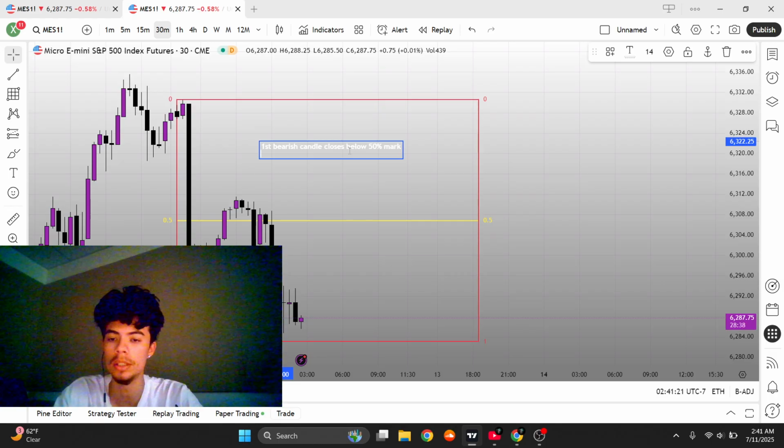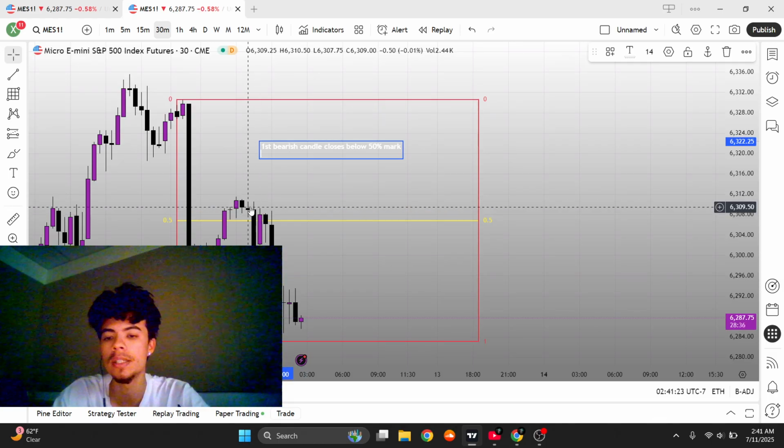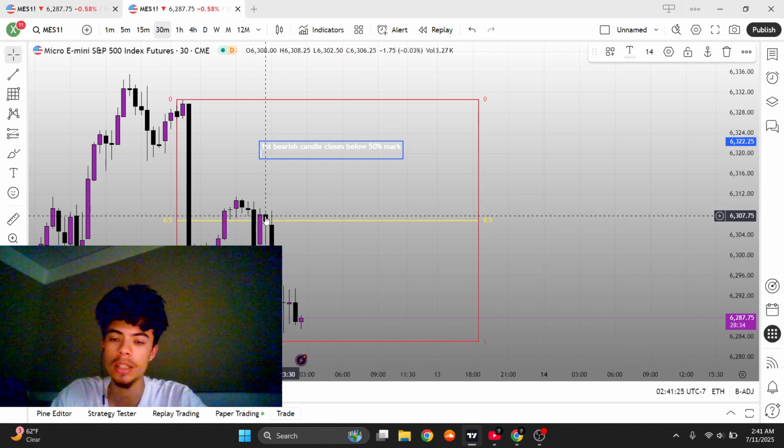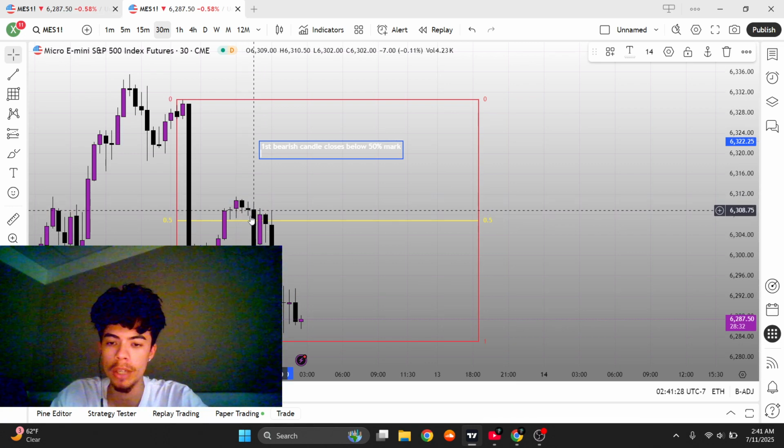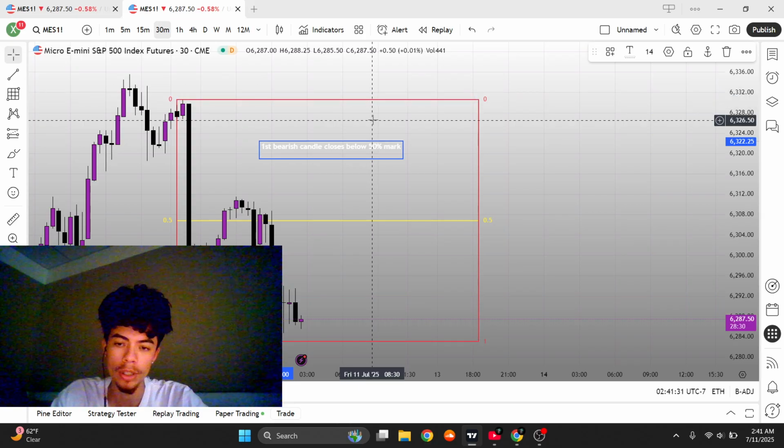It's consolidation at that point, it's stagnancy. But the stagnancy fell short into a bearish candle and a long engulfing bearish candle, which closes below it.